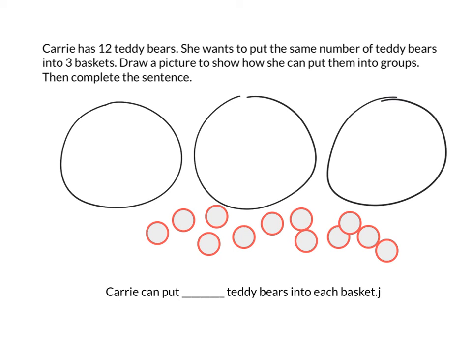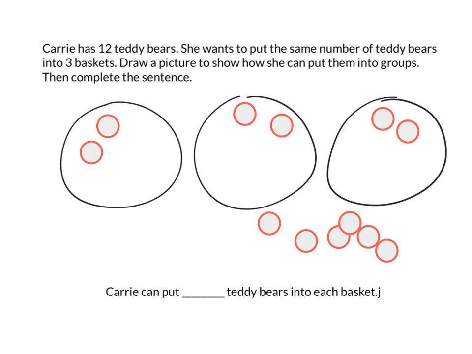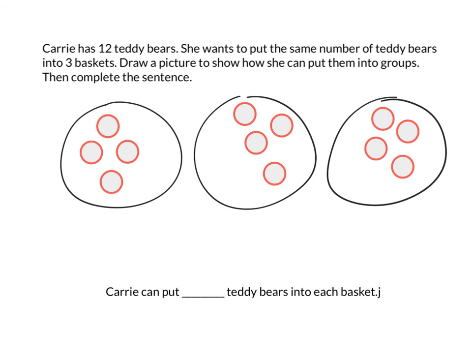So I have 12 counters now that I drew. So let's say I drew these 12 circles, and those are the 12 teddy bears. So now I need to put them into the equal groups. So I'm going to count 1, 2, 3, 1, 2, 3, 1, 2, 3, 1, 2, 3.